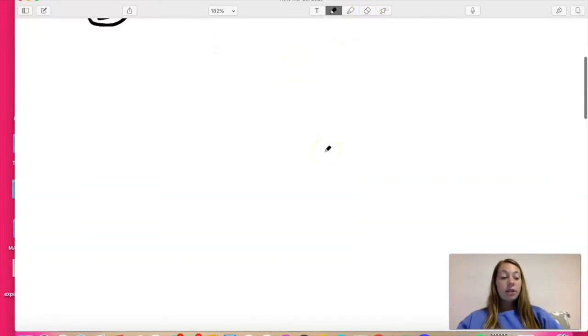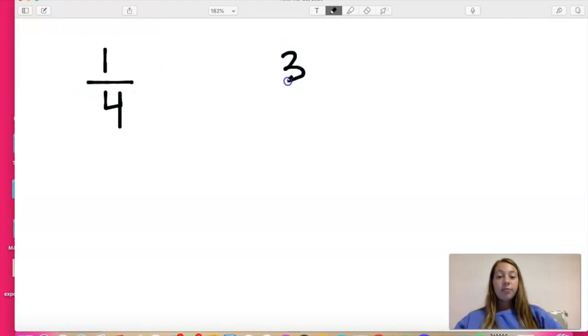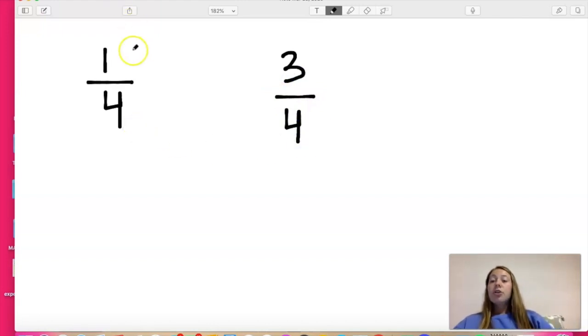So if we were to compare two fractions, let's say we have 1/4 and 3/4. So what is the difference? This is just review again. So we know the top is the numerator, the bottom is the denominator.